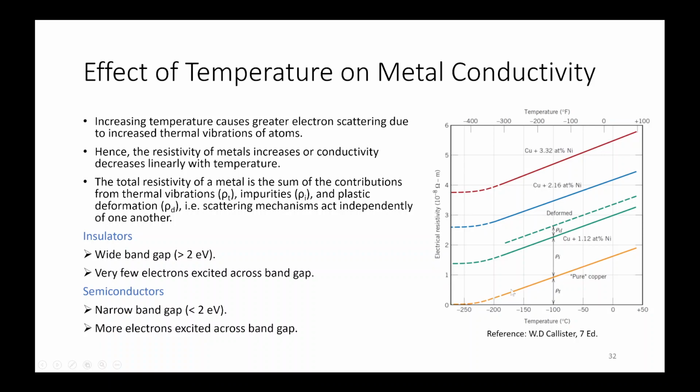As we keep on increasing temperature, electrical resistivity increases for metals. Pure copper has the highest conductivity, so it is here. Then if we add a little nickel to it, its resistivity increases, and as we keep on increasing nickel, the resistivity keeps on increasing, and with temperature as well.